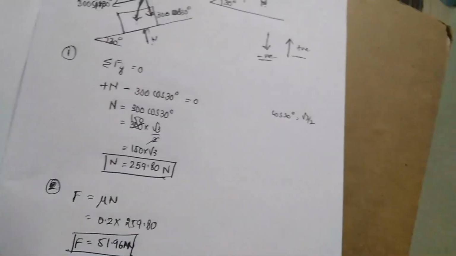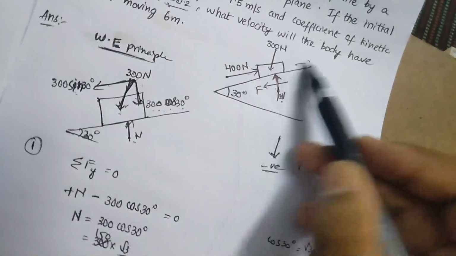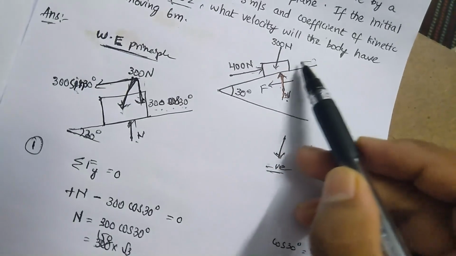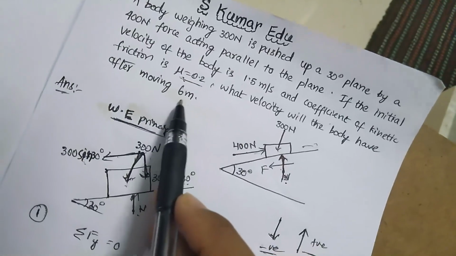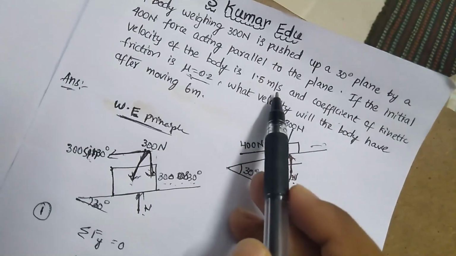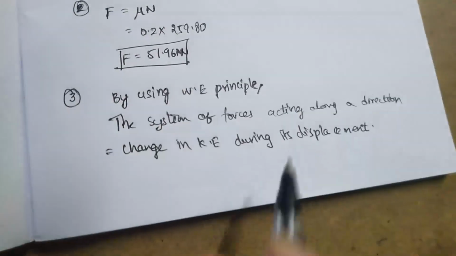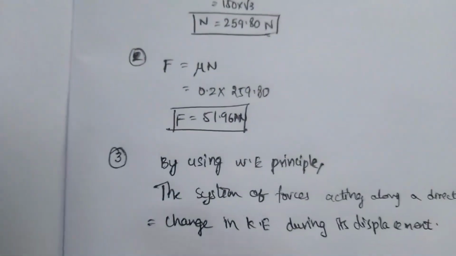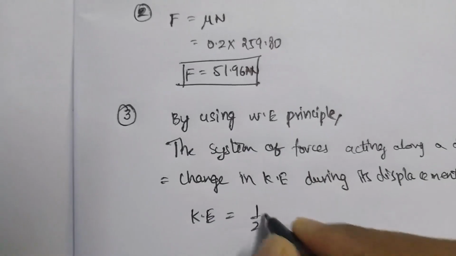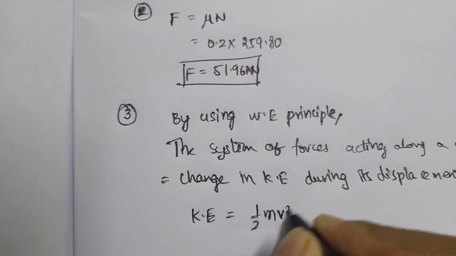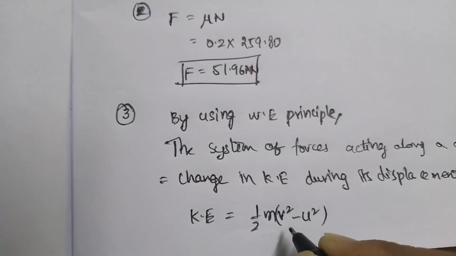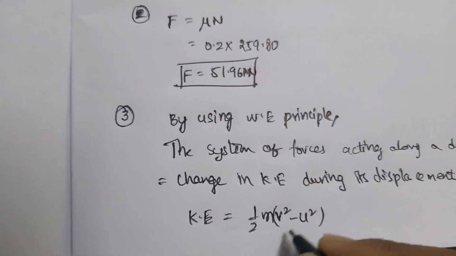This means the body is moving along this plane. In this plane, it is moving through some displacement, that is 6 meters. The initial velocity is 1.5 meter per second. Here the kinetic energy change is half m into v square minus u square. Here there are initial and final velocities, and we have to find the final one.